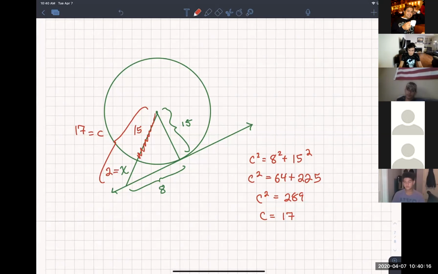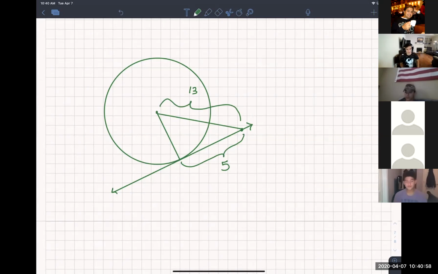Okay, so there's another way I can ask the same problem type. Find the radius of the circle.